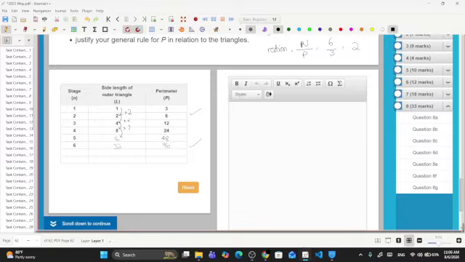Look, first things first, at stage 1, side length is 1.